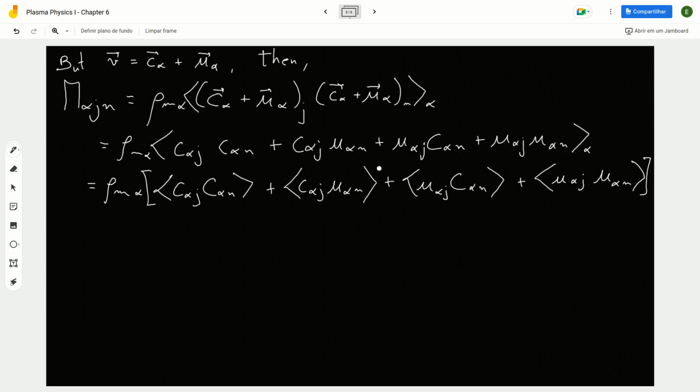Okay, now there's one important thing here. These two quantities are zero. Why? I'll show you in a minute. So for now, just consider that these are zero. I'll show it later. But now we end up with just these two quantities.